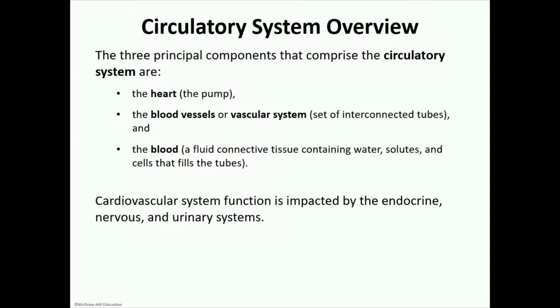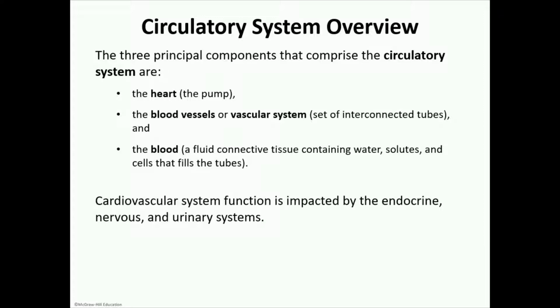The activities of the cardiovascular system are impacted by the endocrine system. So you have some hormones, for example, adrenaline or epinephrine and thyroxine, that speed up the heart. It has different effects on the blood vessels. The nervous system also, through the sympathetic and parasympathetic effects, would have different effects on the cardiovascular system, and the urinary system as well.